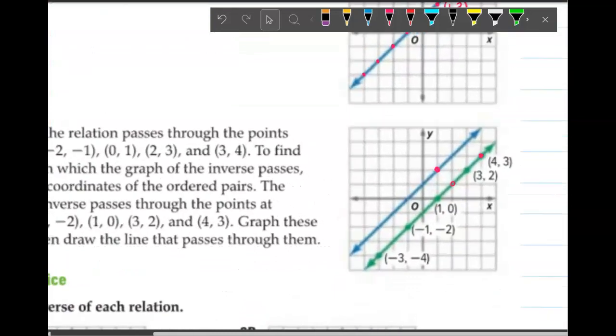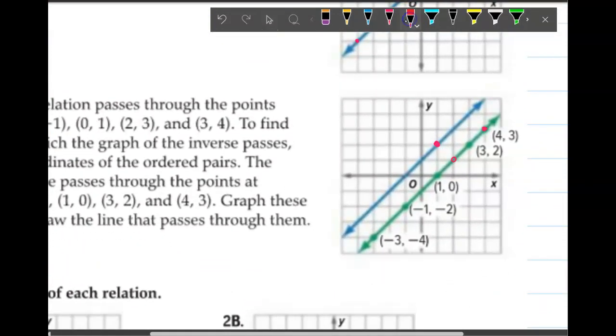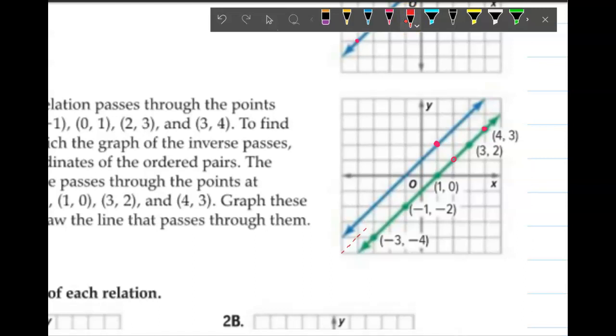One thing I want to point out when you're looking at graphs, if you were to fold this graph on an imaginary dotted line so that the original blue line lines up on top of the new inverse green line, you would fold it over this red dotted line.